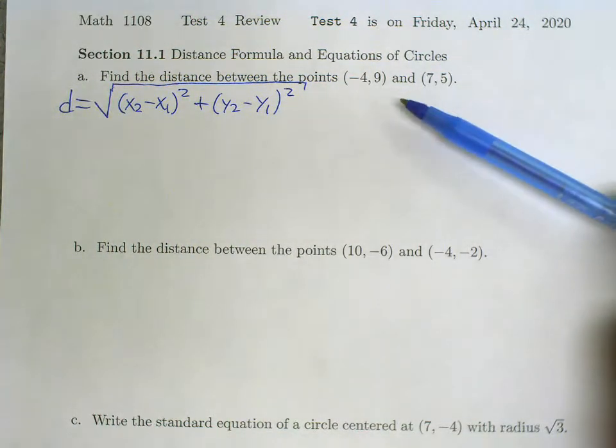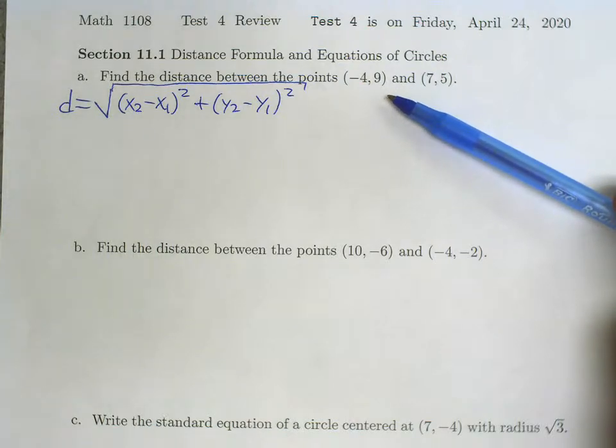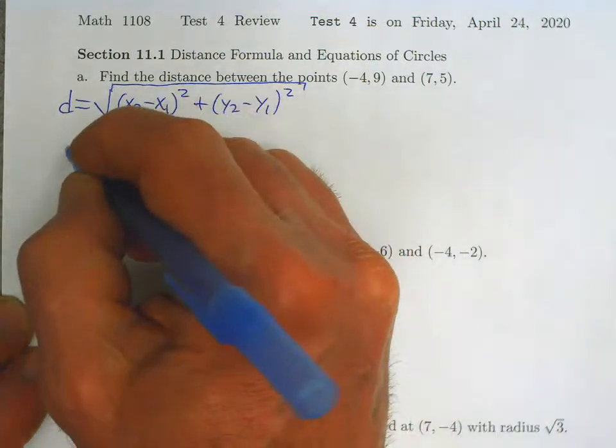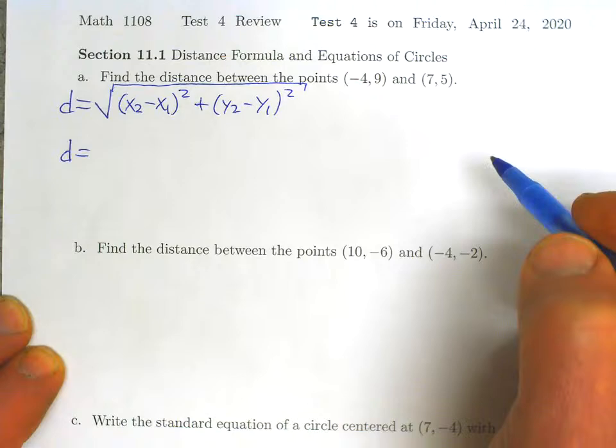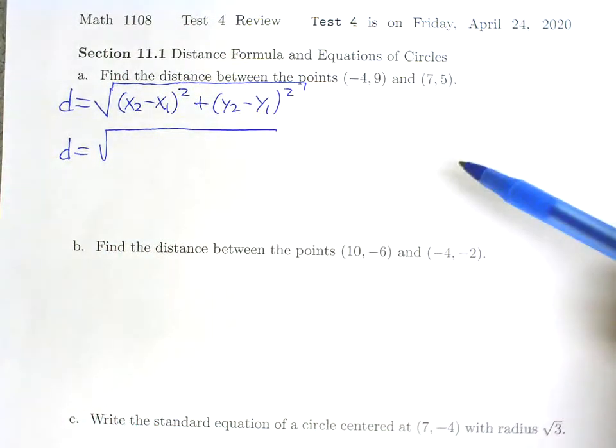We can identify one of the ordered pairs as x1, y1 and the other one as x2, y2, but it doesn't matter which is which. The formula works regardless. Okay, so we'll apply the distance formula to this particular case.